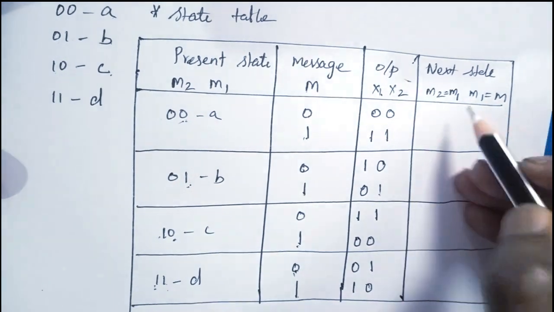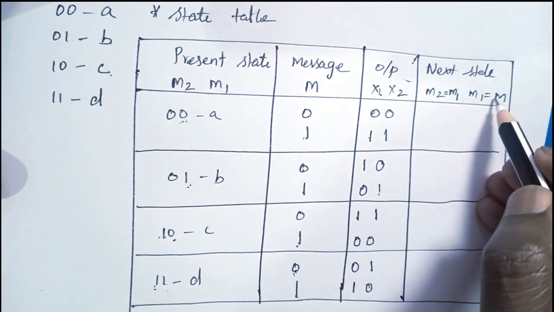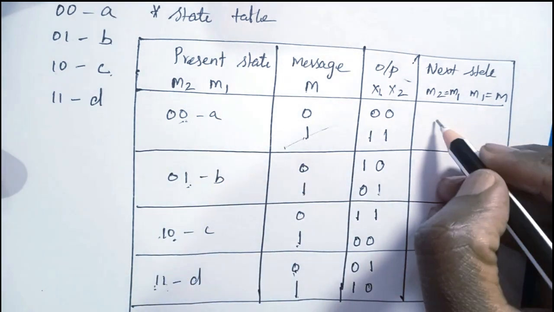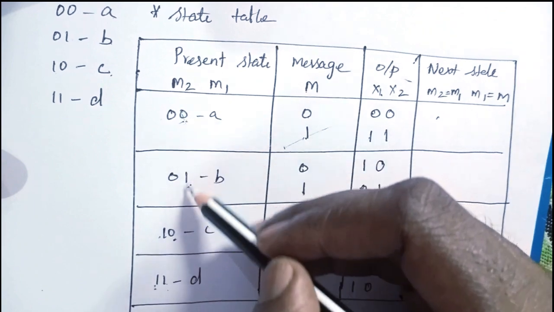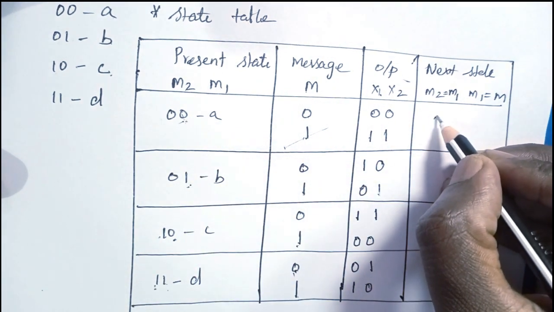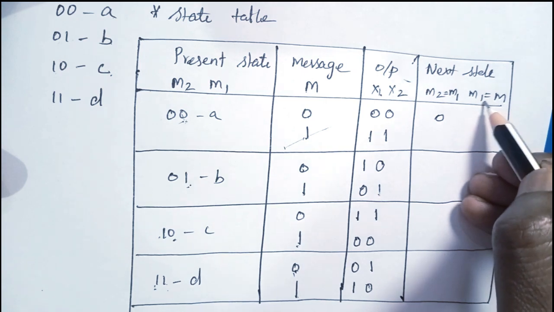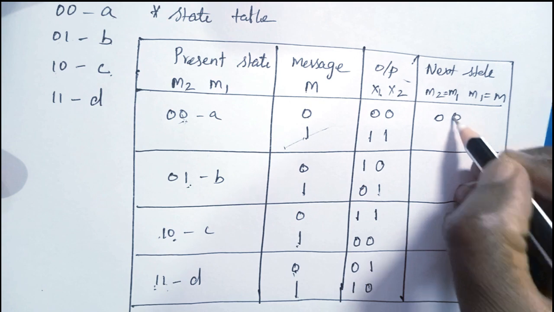It's very easy to fill. M2 is M1 and M1 is nothing but M. So whatever is there in M1 you can write for M2. So we have M1 is these values which is nothing but 0 and M is nothing but 0, right?